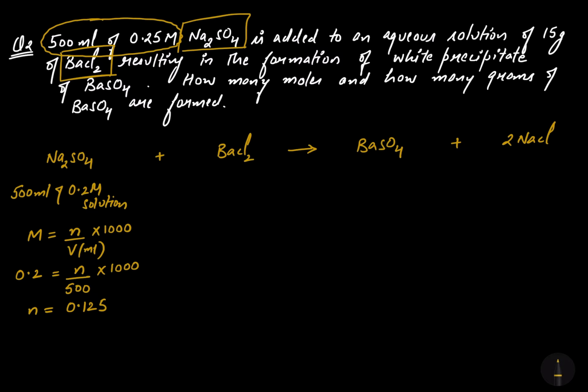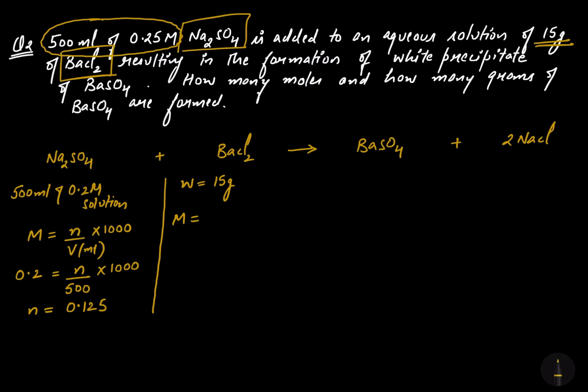Now let's talk about barium chloride. The given weight of barium chloride is 15 grams. Now let's calculate the molecular mass of barium chloride.